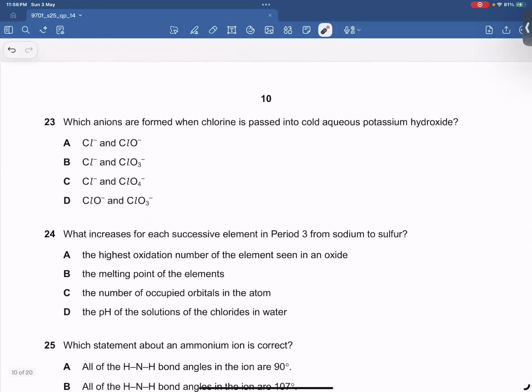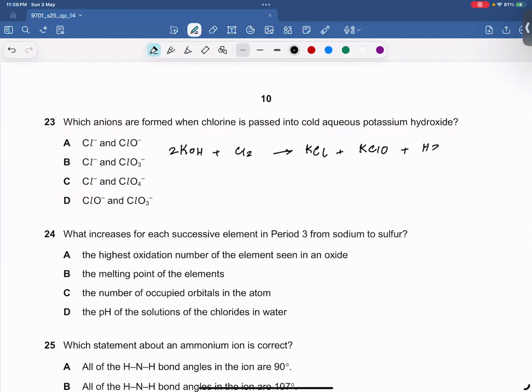Question 23. Which anions are formed when chlorine is passed into cold aqueous potassium hydroxide? Oh, we have done that in class. When cold potassium hydroxide is treated with chlorine, it undergoes disproportionation reaction to give potassium chloride, potassium chlorate(I) and water.